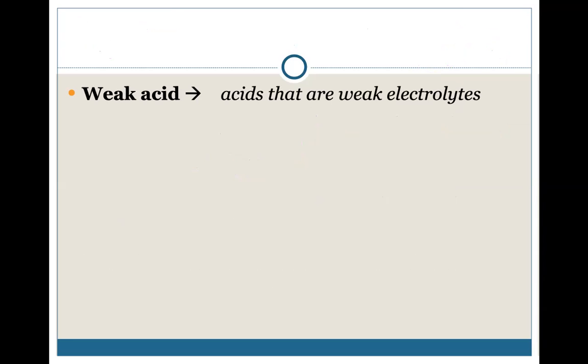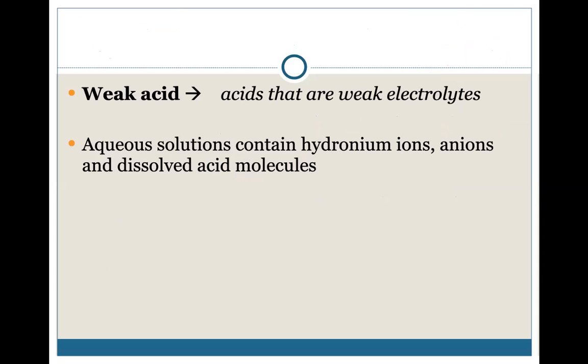A weak acid, again, will be a weak electrolyte because it's not going to produce that many ions in solution. Aqueous solutions contain hydronium ions, anions, and dissolved acid molecules. So what's an example of this? Well, I just did it. Let's just do HF, and we add water.